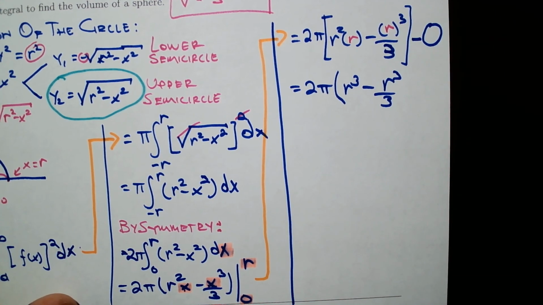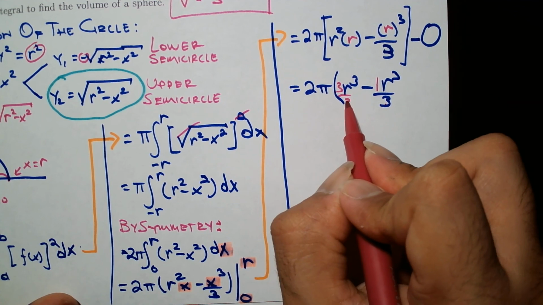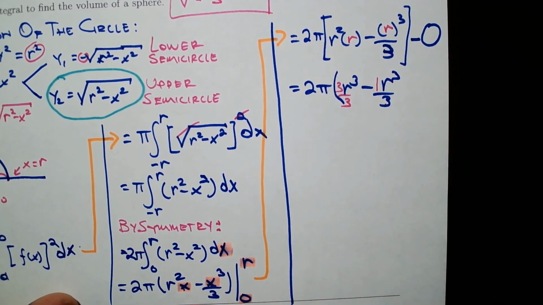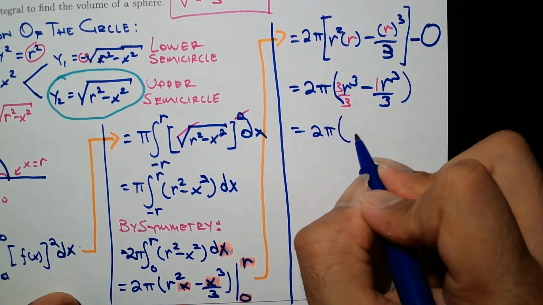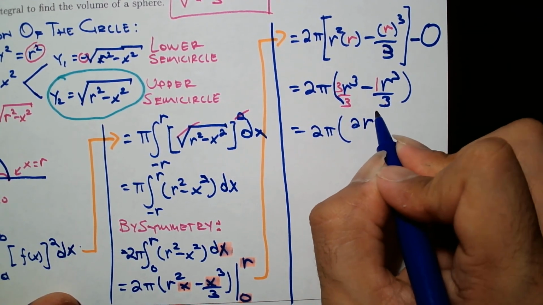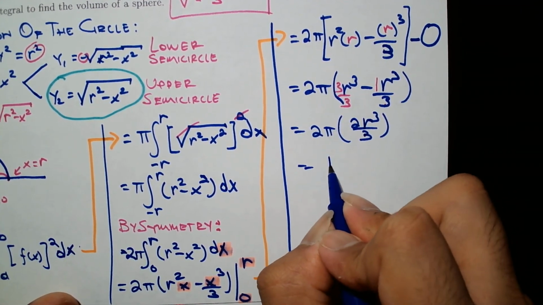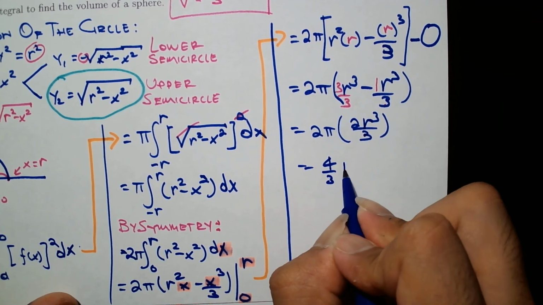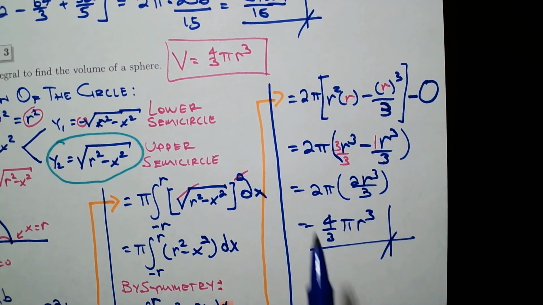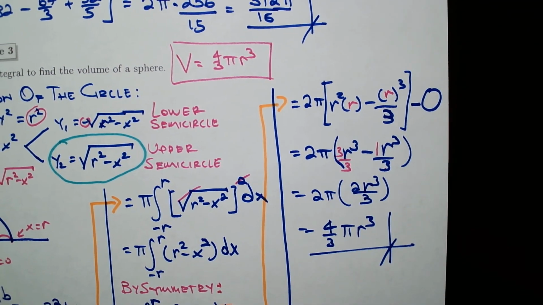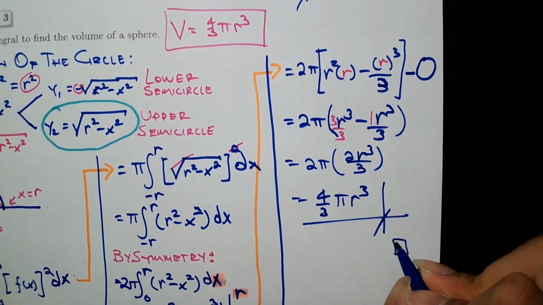So this is basically subtracting 1/3 from 1, or 3/3. 3/3 minus 1/3, that's going to give us 2/3. 2 times 2/3, that's going to give us 4 over 3, so 4/3 pi r cubed. All right? Isn't it the same formula that we learned in geometry or basic algebra? And this is the end of the derivation.